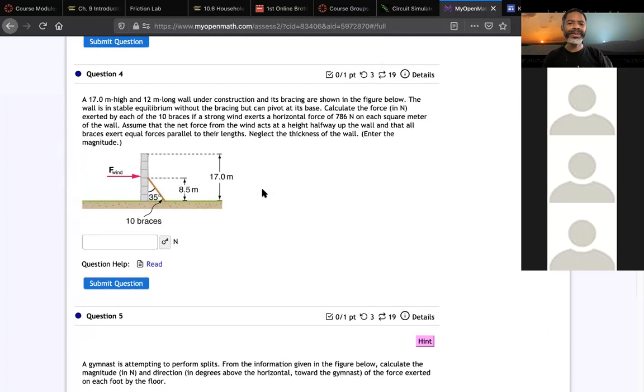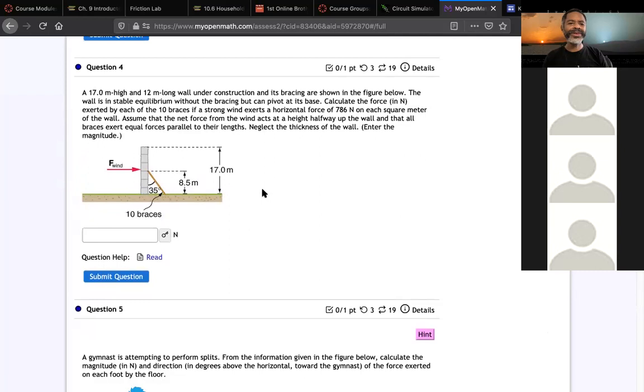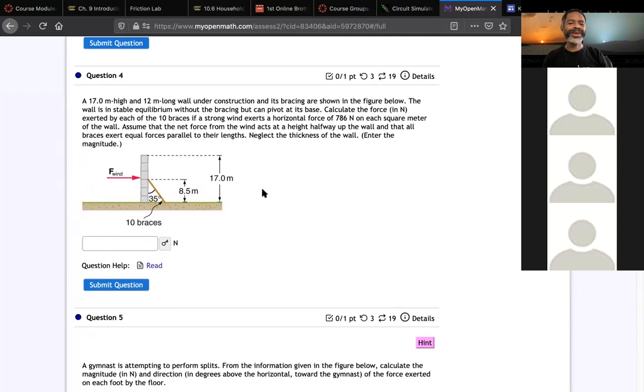Okay. So in number 4, we have a 17-meter high and a 12-meter long wall, and it's under construction. And it has bracing on it, right? So that's this piece of wood here.